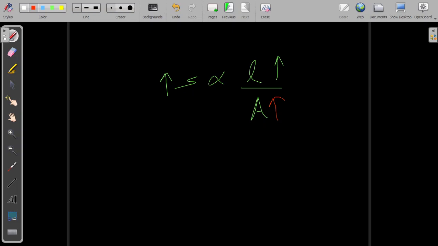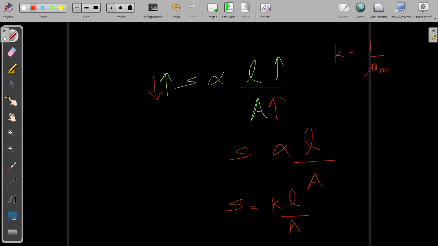Opposition means the reluctance S got decreased. So reluctance S is directly proportional to L, and it is inversely proportional to A, and S is equal to a proportionality constant K into L by A, and this proportionality constant K is 1 by mu M.